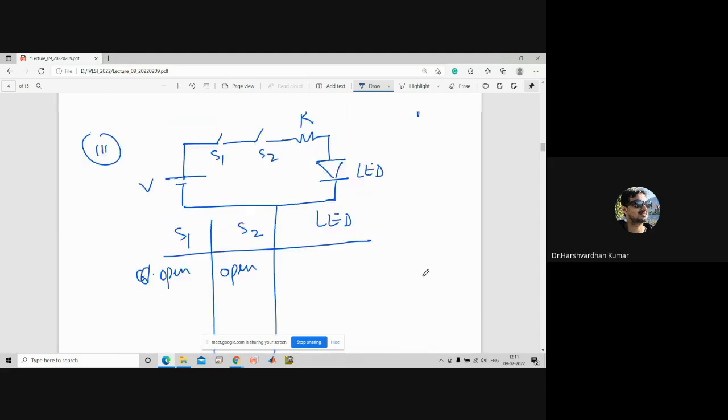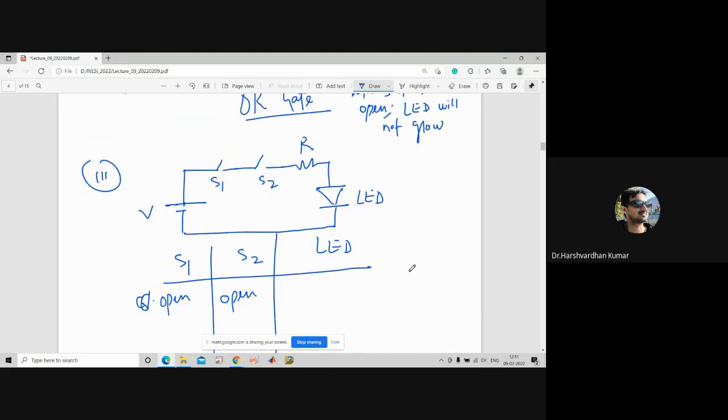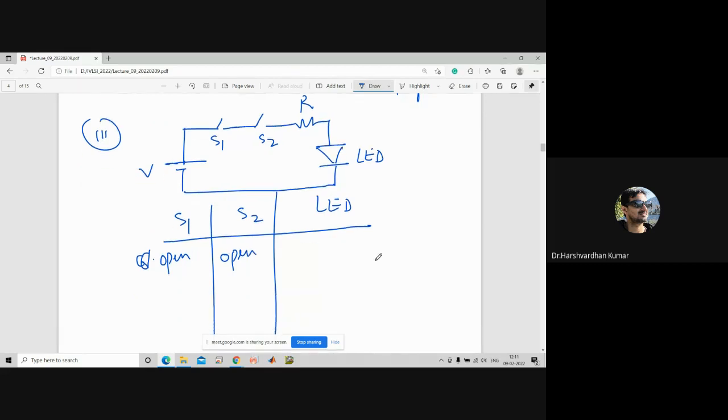So what will happen in that case? If switches S1 and S2 are both open, what happens to the LED? It will not glow. Okay. What about this: let us say this one is open and this one is closed.